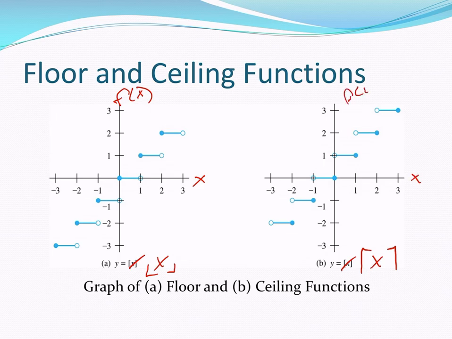Whenever x is between 0 and 1, not inclusive of 1, we return 0. Whenever x is between 1 and 2, not inclusive of 2, we get 1, and so forth. So these graphs look the same except they're shifted up in the case of the ceiling function.